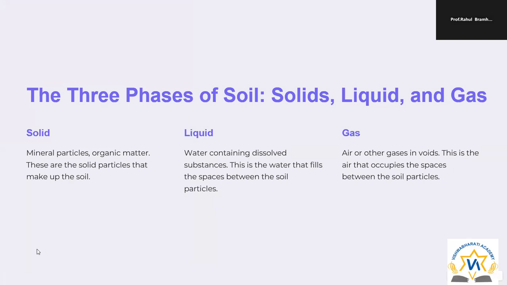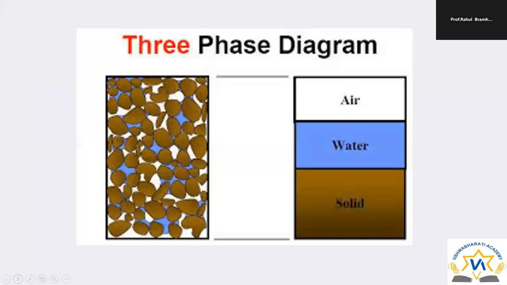The solid is the mineral particles. This is the three-phase diagram. It consists of a container, filled with soil, with solid, liquid and gaseous components. The total soil consists of three parts: air, water and solid.